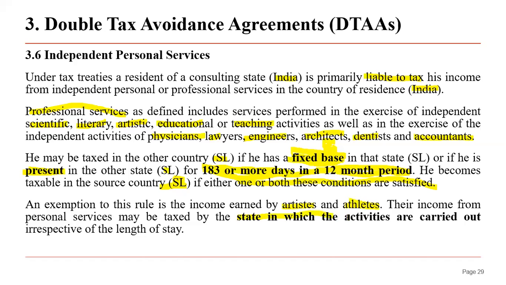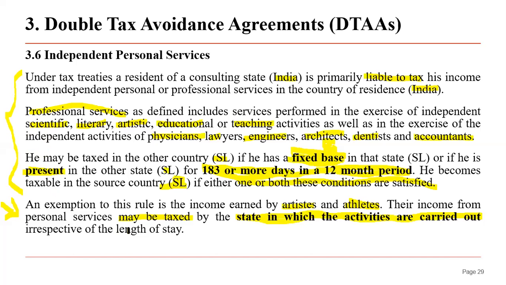Normally, if a sportsperson comes and does some activities and earns profit from Sri Lanka, then disregarding the above rule, we need to consider that amount as taxable income. So maybe tax. That's it, right? There is a separate article for this, but if you go to these three, that is exactly what the article says.